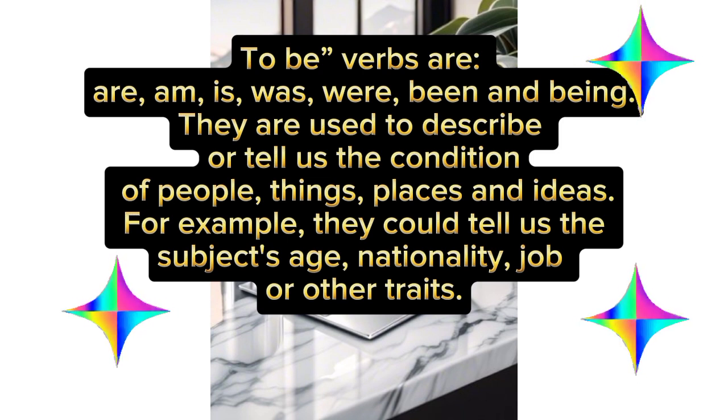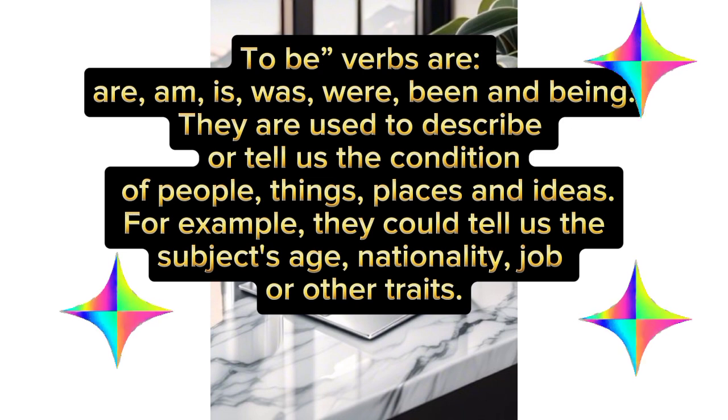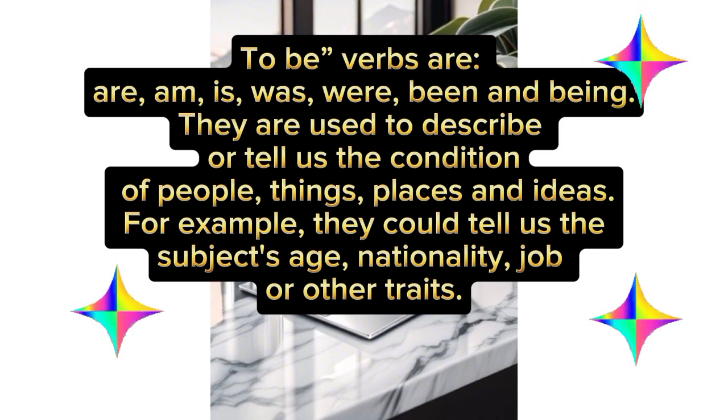For example, they could tell us the subject's age, nationality, job, or other traits. That is what I called the property of the subject. Age is the property of that subject. Nationality is the property of the subject. Job and other traits are the property of the subject. And I told you in the beginning, in simple words, the property of the subject. This is the second use of be verbs.